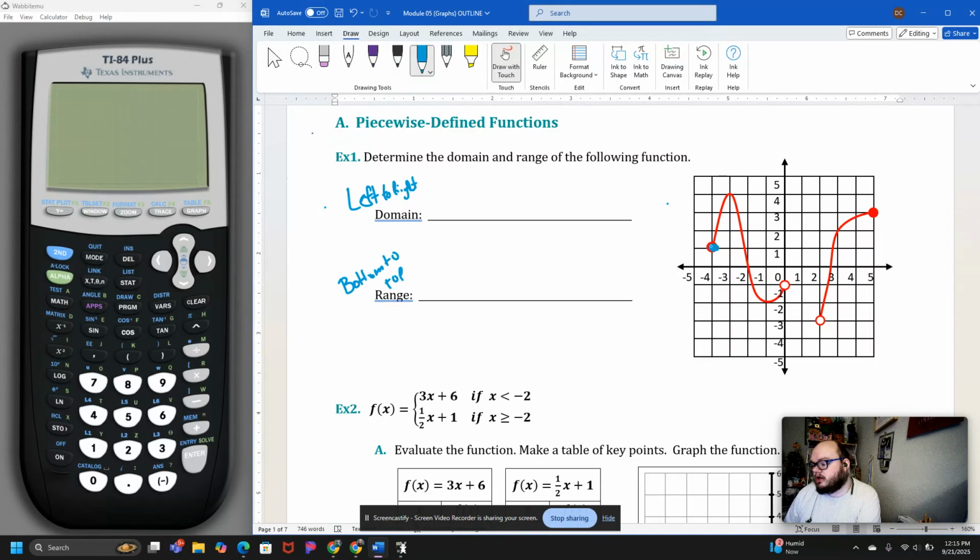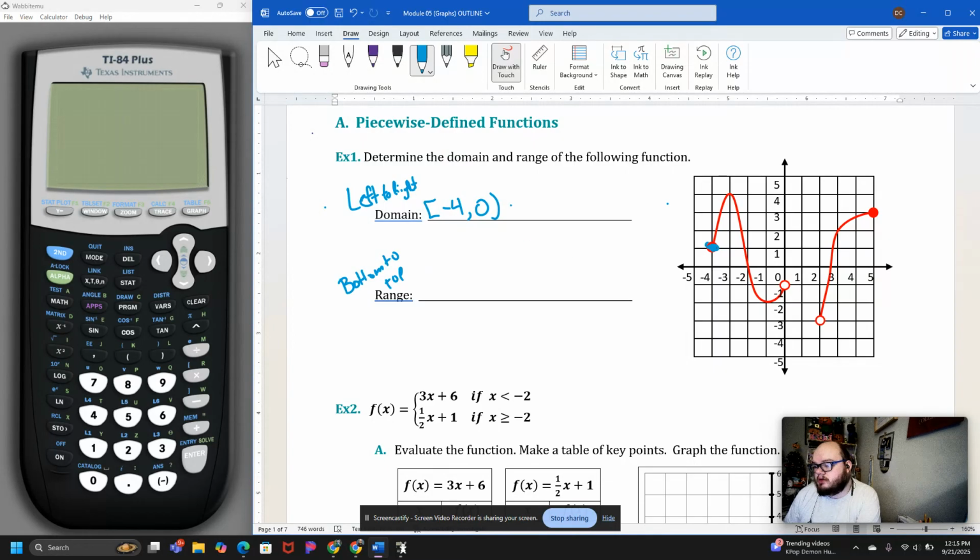I'm starting at -4, and that is a solid dot, so we need a bracket instead of a parenthesis. I'm stopping at 0, but that's an open circle at 0, so that needs a parenthesis. I'm stopping there because there's a hole all the way until we get to 2.